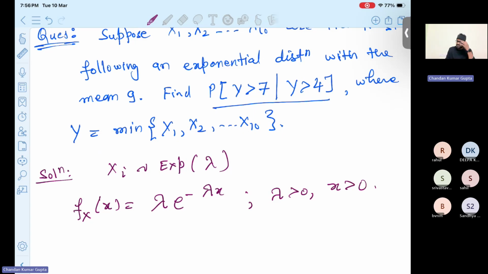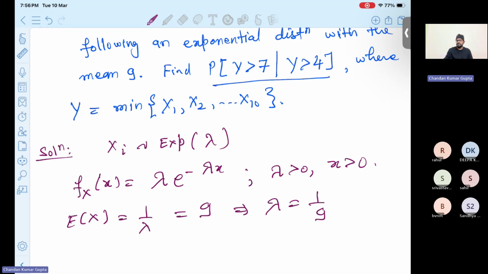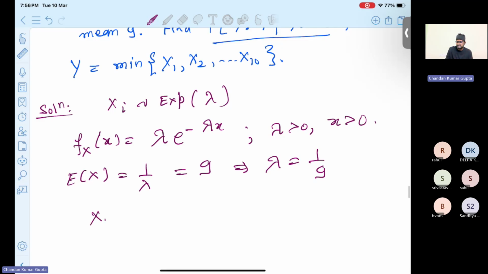The mean of x is 1 by lambda, which comes out to be 9 in this question. So from there, lambda comes out to be 1 by 9. So xi follows exponential 1 by 9. Clear up to this point?